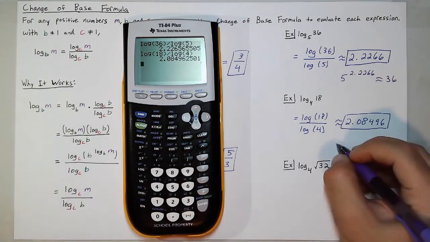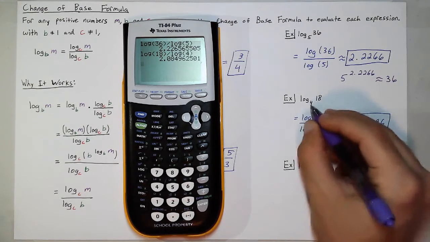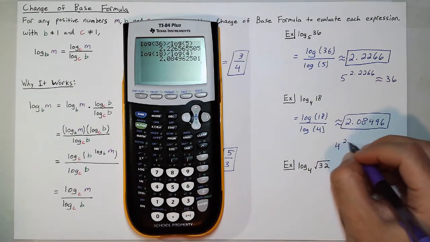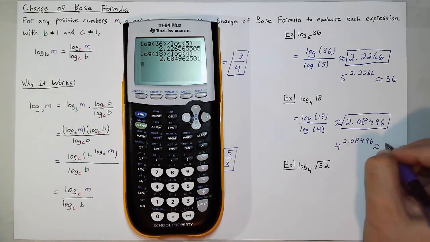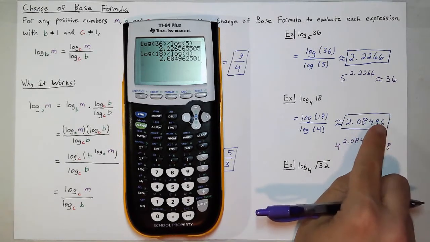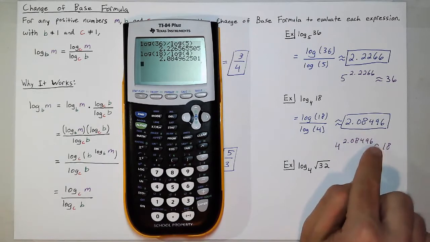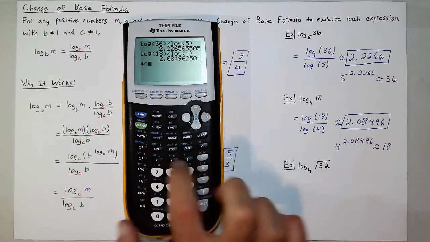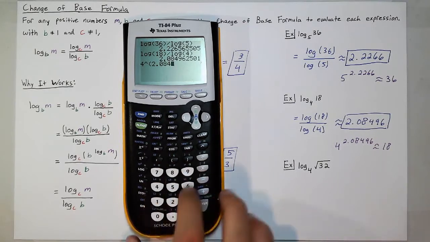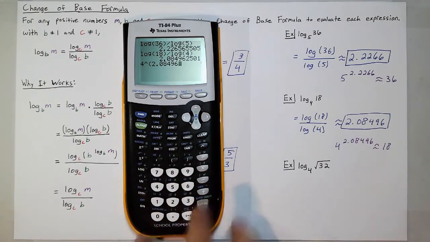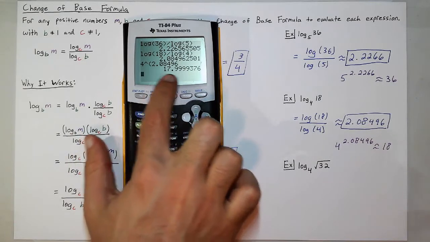Which it makes sense that it's closer to 2, since 18 is very close to 16. But that would be the power you would raise 4 to. So 4 to the 2.08496 is approximately 18. Now, since I'm rounding this number, that's why I'm putting this approximately symbol. Because if I actually did put 4 to the power of 2.08496, it wouldn't always be exactly 18, but that's pretty darn close.